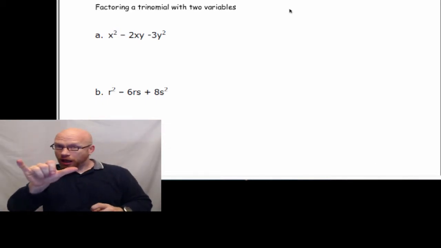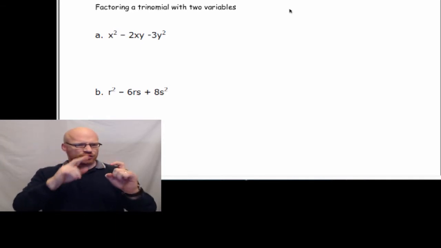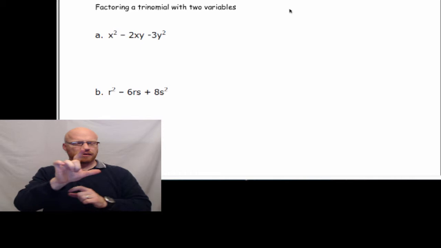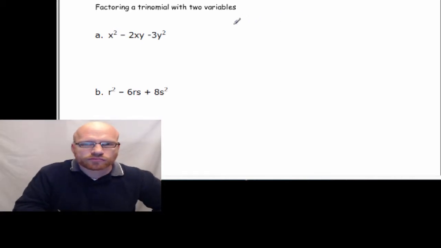So x squared minus 2xy minus 3y squared. X squared and y squared, there's only one way to get those two answers, by multiplication.